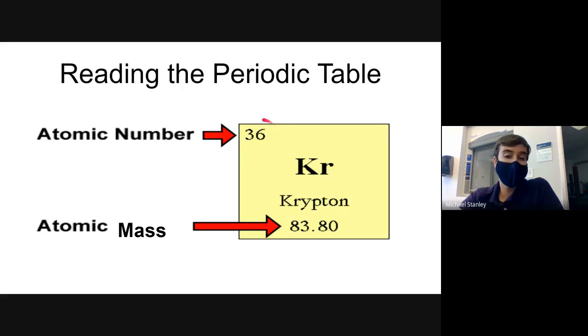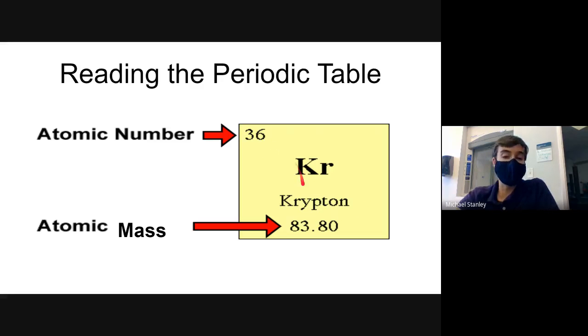So the atomic number is smaller, the mass number is bigger. The atomic number is usually located at the top, in the middle or in one of the corners. And the mass number is usually on the bottom, again, in the middle, or sometimes in some of the corners.